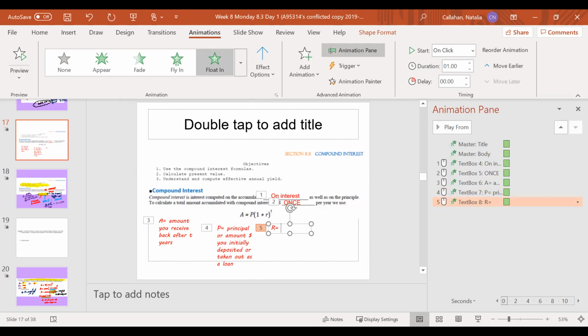Your R stands for rate, and it always has to be in a decimal. It's a rate in percentage, but converts to a decimal.